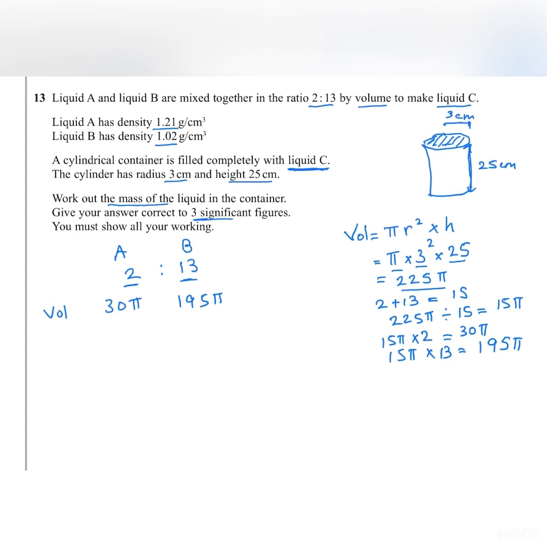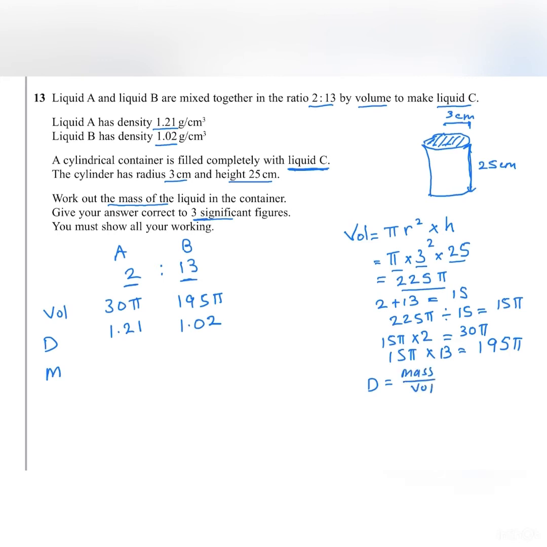And then we are given densities of each liquid, which is 1.21 for liquid A, and liquid B is 1.02. And we should be able to find the mass of the two liquids and then add them together. Now, if you look at the density formula, density is mass over volume, okay?